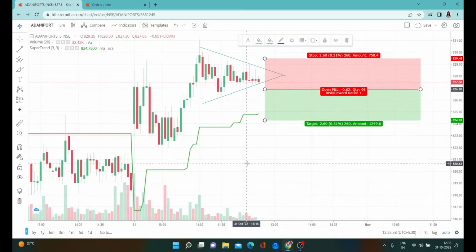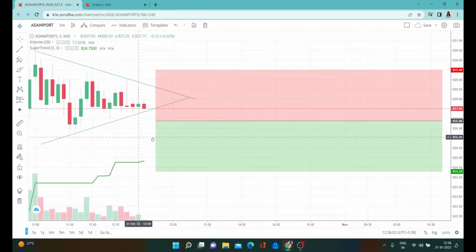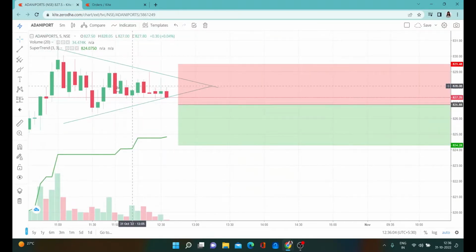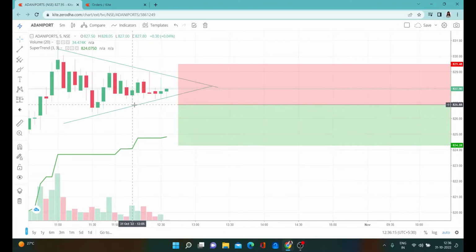You see here, let me zoom in and show you. There's a bullish candle here with a wick, right? You can take an entry at 826.8, which is just under the wick.